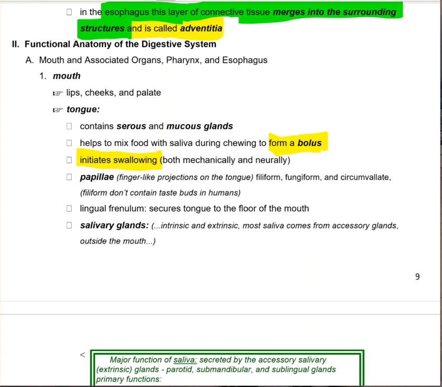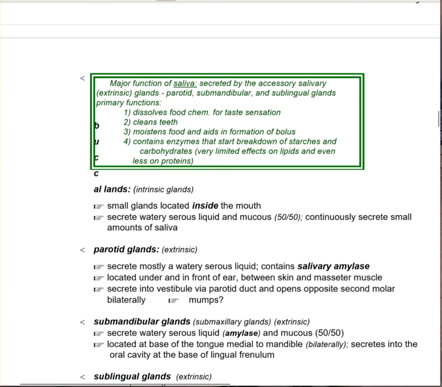We have intrinsic and extrinsic glands. Most saliva comes from accessory glands that are extrinsic, that are outside the mouth. Remember, extrinsic means outside the mouth. So we're going to look at these on this part right here. Oops, I see there's a typo.